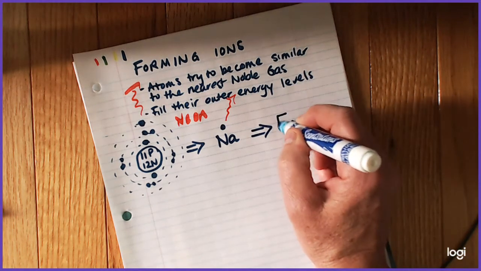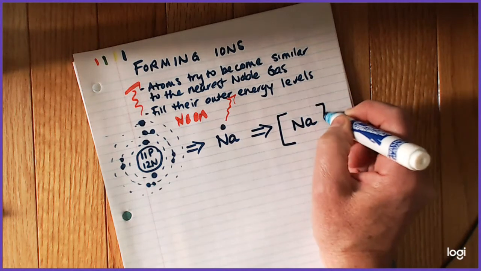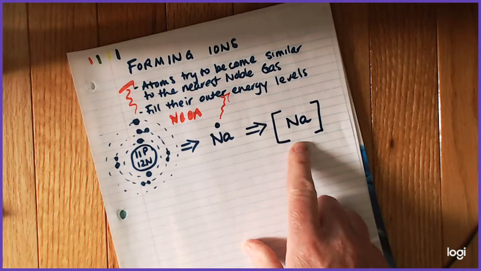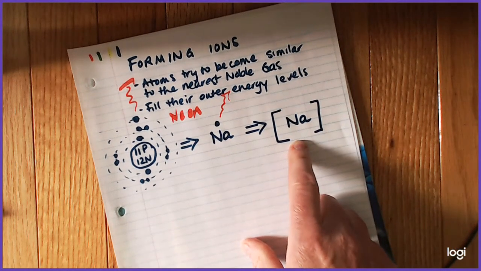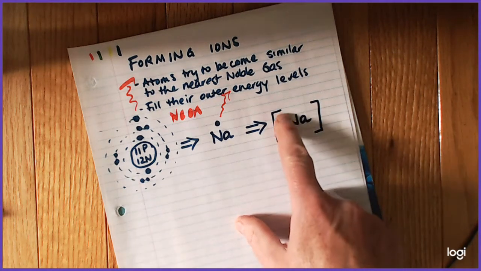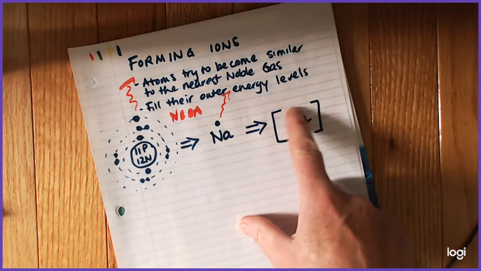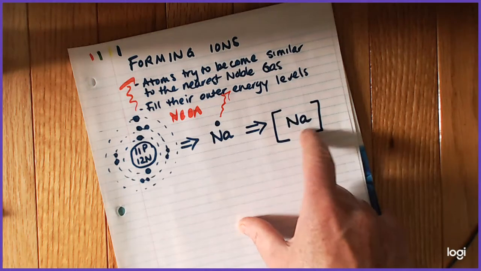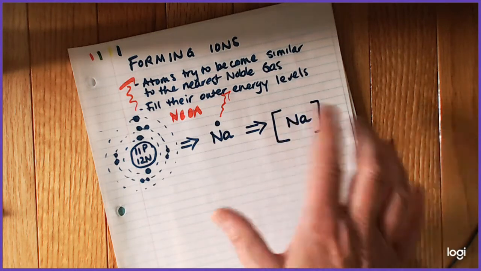To show that it's an ion, we put square brackets around the outside. This means something has changed, and in ion diagrams the only thing we need to show is the outer energy level. That outer energy level for sodium doesn't have any electrons in it anymore, so we don't draw anything in there because it's now empty.